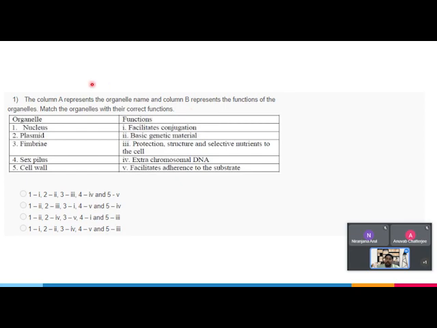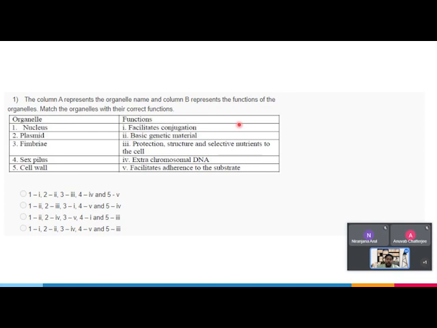So, the question is, the column A represents an organelle's name, and column B represents functions of the organelle. Match the organelles with their correct functions. The organelles given are nucleus, plasmid, fimbriae, sex pilus, and cell wall.